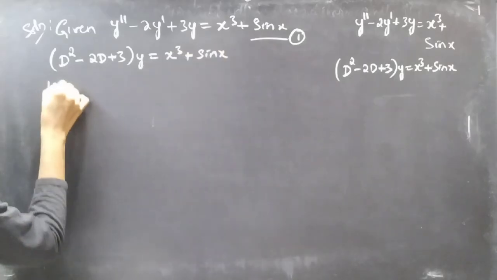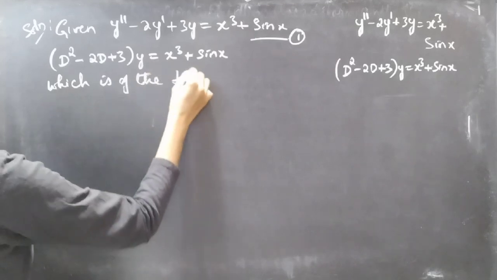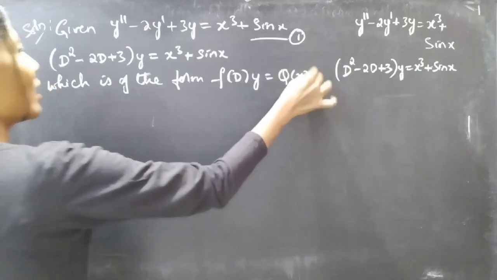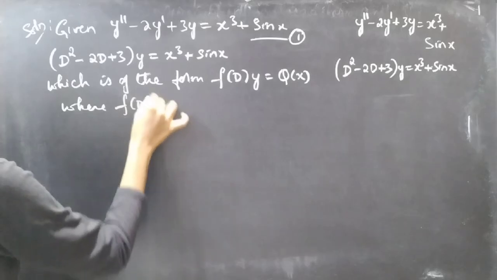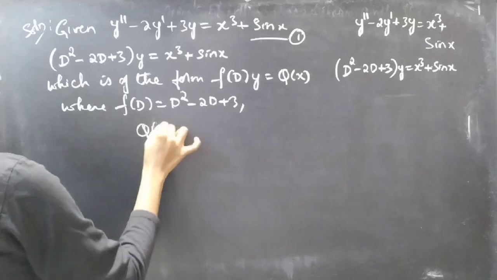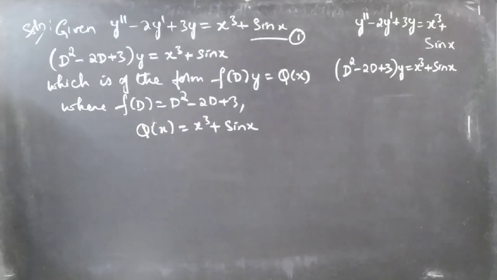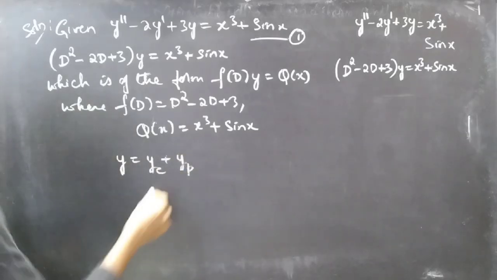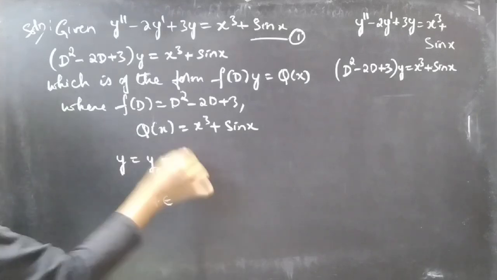Which is in operator form, of the form f of D into y equal to some function of x, say Q of x, where f of D equal to D square minus 2D plus 3 and Q of x equal to x cube plus sin x. Now we need to find the general solution to the given equation, which is given by y equal to yc plus yp, where yc is the complementary function and yp is the particular integral. We'll find yc using the auxiliary equation and later we'll go for yp.